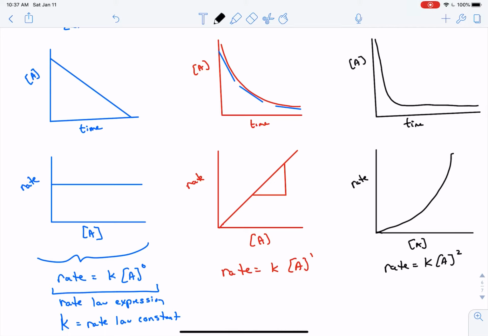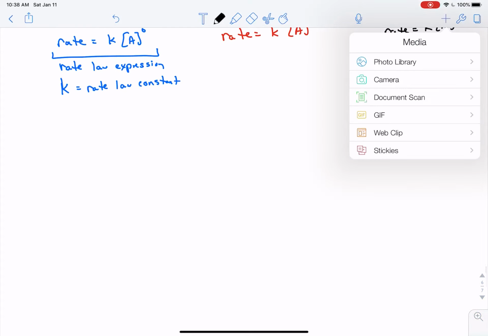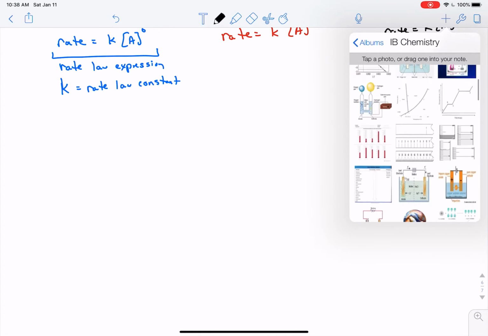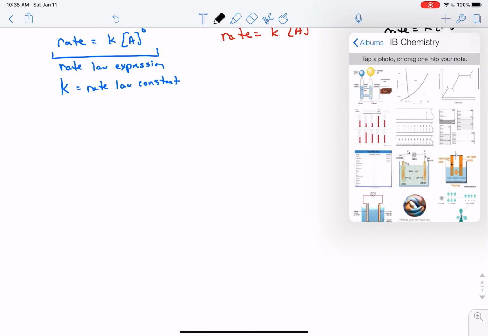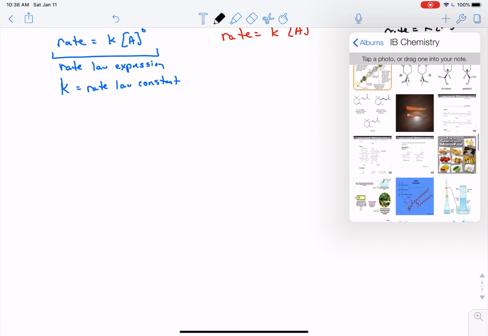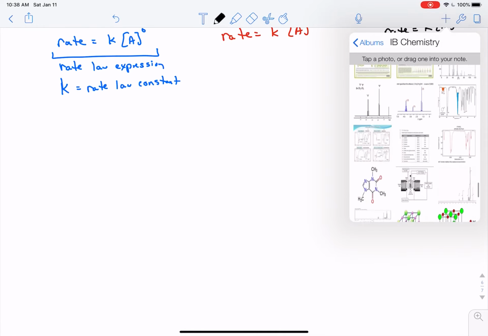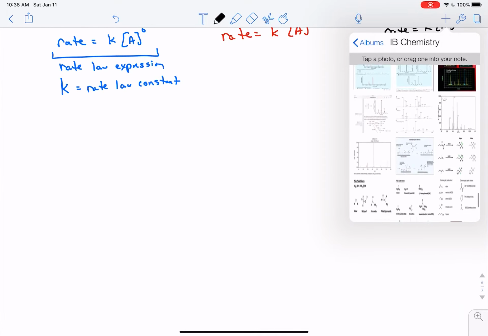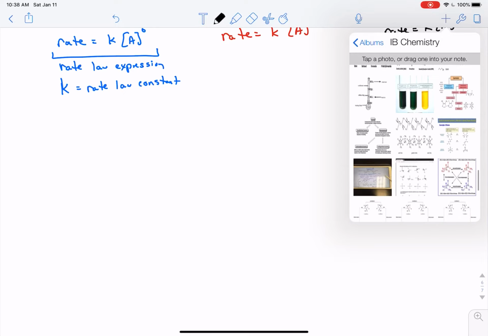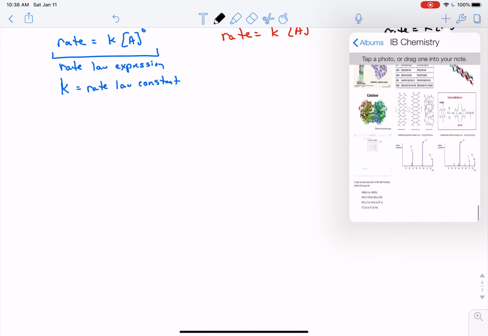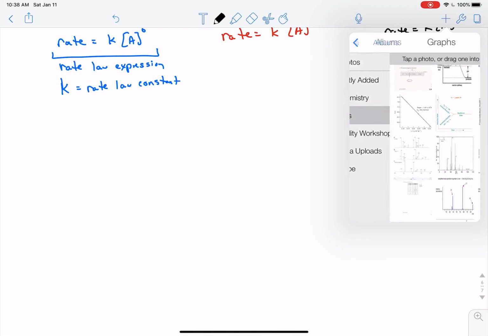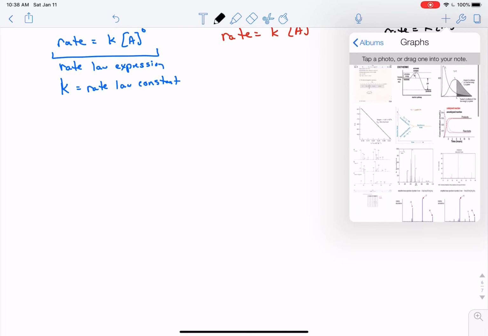Now, I said earlier that you would be able to figure out the difference between a first order and a second order. The reason why you can is this. I'm going to put a picture up here that's easier to interpret because I think it's easier to determine this off of that. Let's see, where is it?